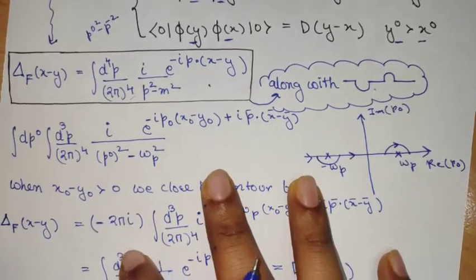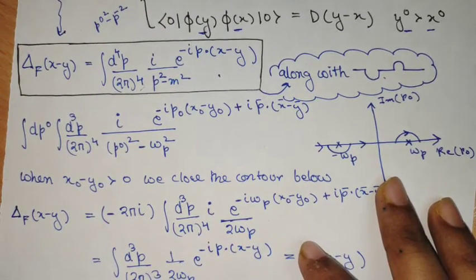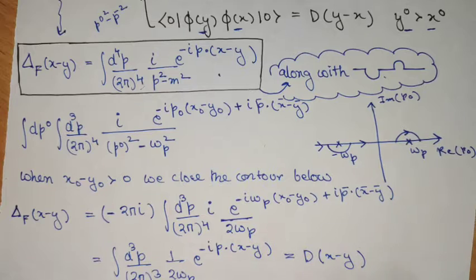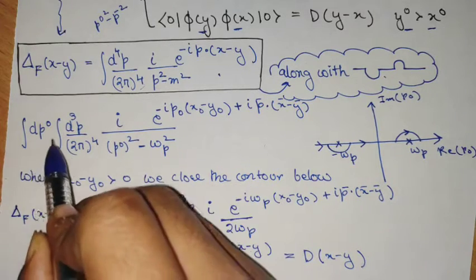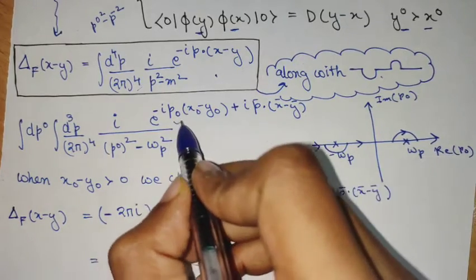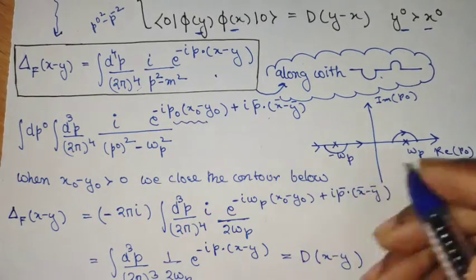This will require us to use the residue theorem for integrating complex functions. So this is our integral in hand. I have separated the dp0 part, and the rest of the part is here. In this I have also separated the exponential part.